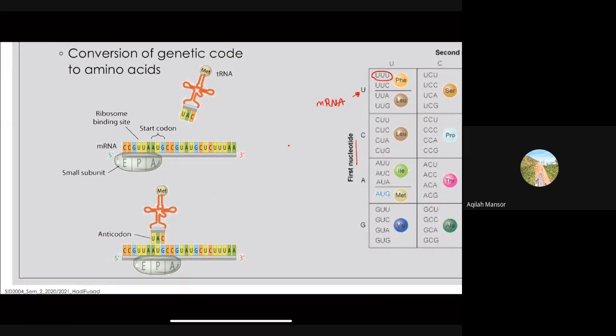Okay, and say for example, it says here AUG. AUG is a start codon. What does it mean? It means that all proteins will start with the same sequence, so all proteins will have methionine as the first amino acid.